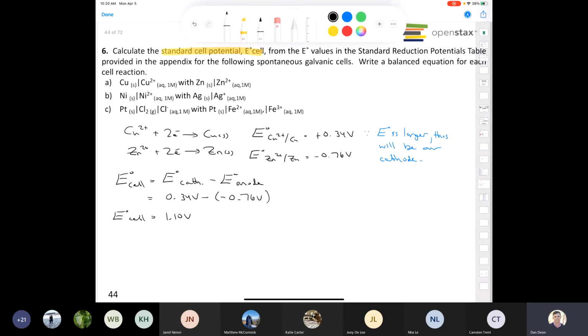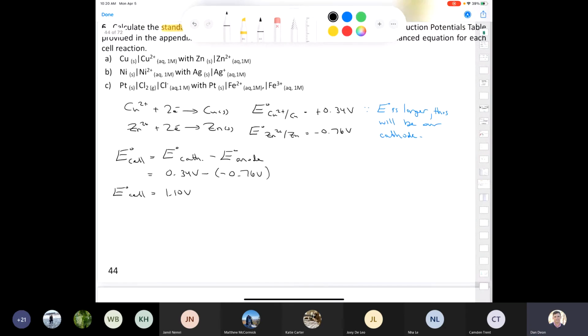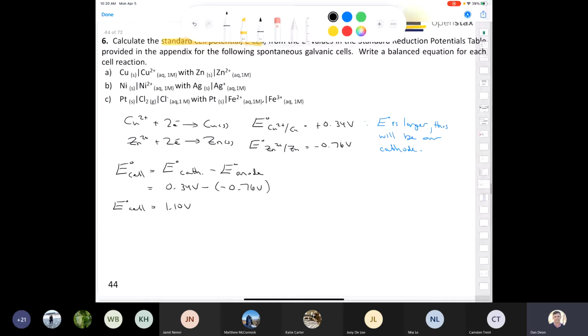So we've written out the half reaction, but we know that the cell reaction is the sum of the half reactions. Because the copper is the cathode, it's being reduced, but the zinc half reaction is going to be the reverse of this reaction. So let's write it down. I'll just copy this to make it easier, and paste it in here. There's our reduction.